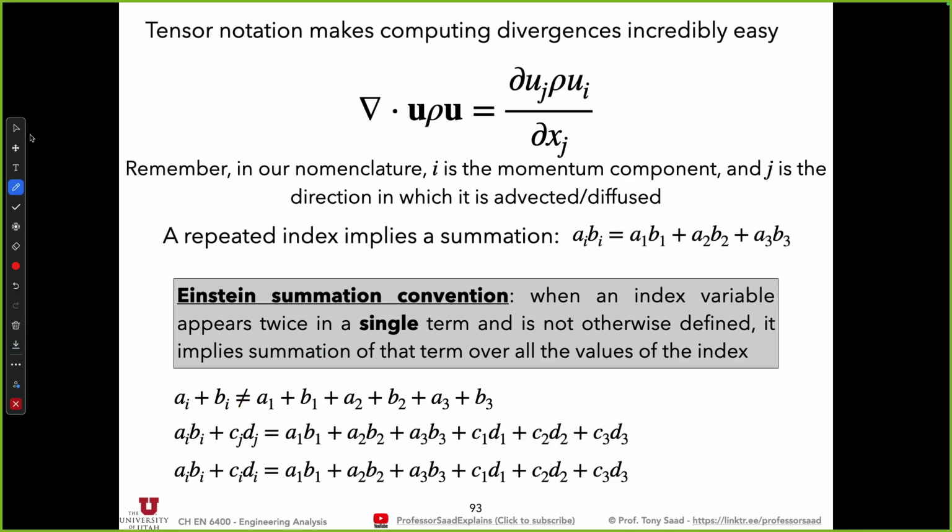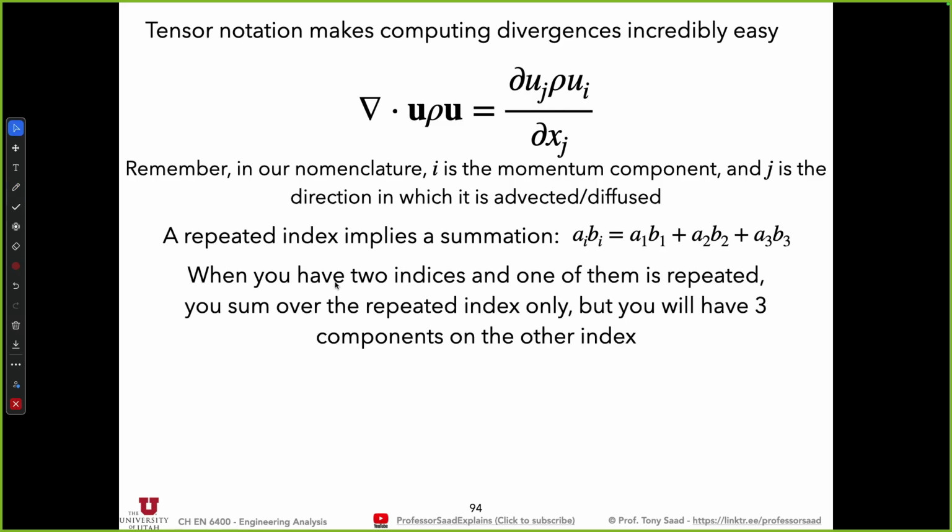Okay, so how would this help us? We're going to come back to this term. Now, in this term, I have a repeated index, j, right? So I have du_j and dx_j, so I know I'm going to sum over u_j and x_j. But I have another index here that's not repeated. What do I do with this index? Well, I only sum over the repeated index and keep the other index free.